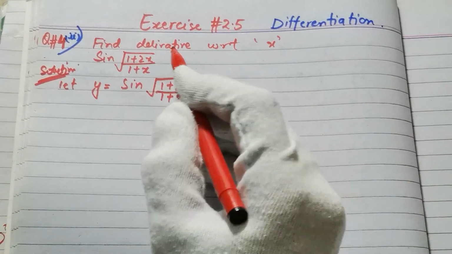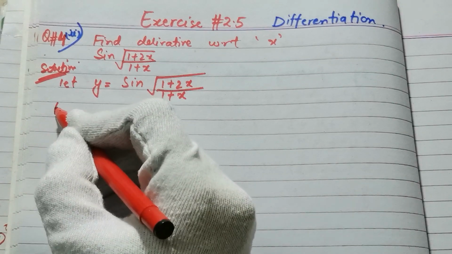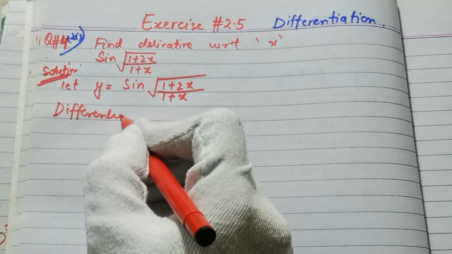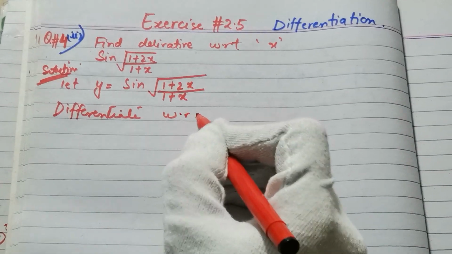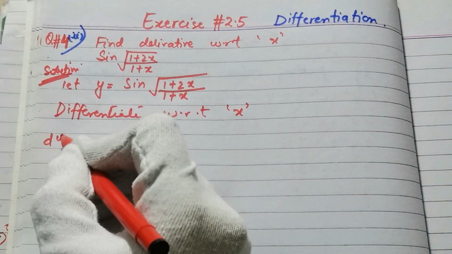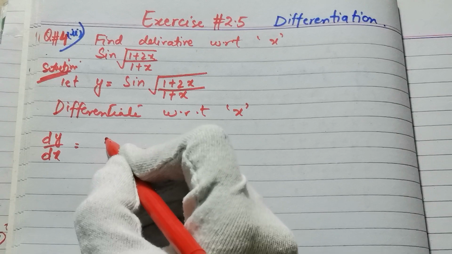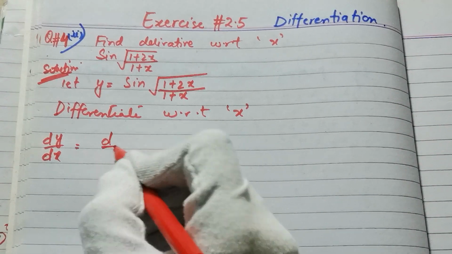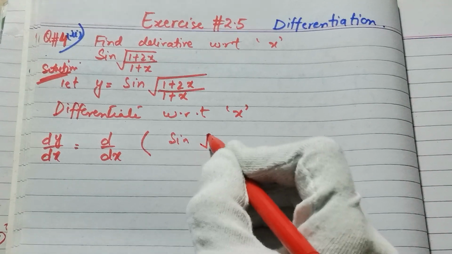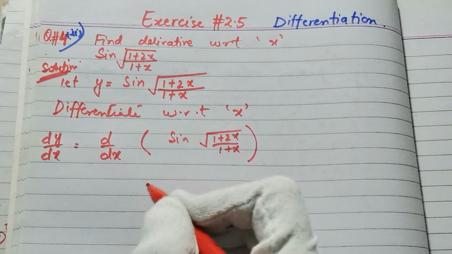Now differentiate with respect to x. How to differentiate? Differentiate with respect to x. So dy by dx is d by dx of sine theta, where theta is (1 plus 2x) divided by (1 plus x).